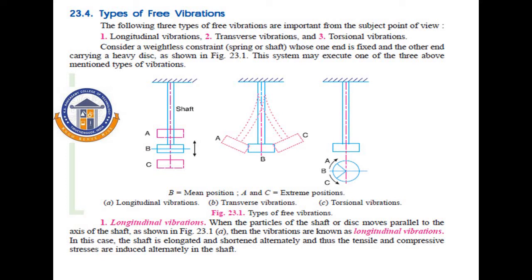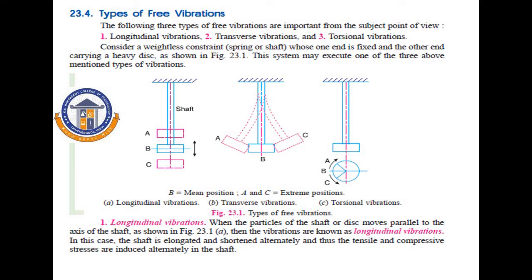The third one is torsional vibration. Here you can see the blue line shows the initial position, marked B in the diagram, and A and C are the motions of the disk, clockwise or counterclockwise. If you apply a twisting moment, it starts to move from B to C or B to A, depending on the direction in which it is applied, beyond which it won't go.